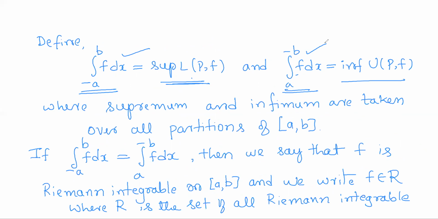If the lower Riemann integral is equal to the upper Riemann integral, then in this case we will say f is Riemann integrable on the closed interval [a, b], and we write f belongs to R, where R is taken as the set of all Riemann integrable functions.